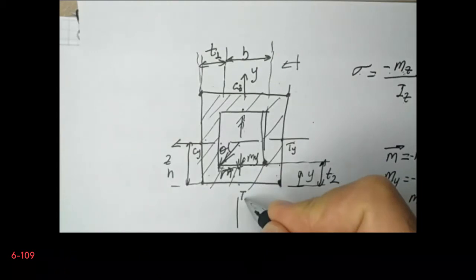As a result, I can say I will see the maximum stress, by absolute value, either at this point or at this point. Since the cross section is symmetric, the absolute value of the stress at both points has to be the same.